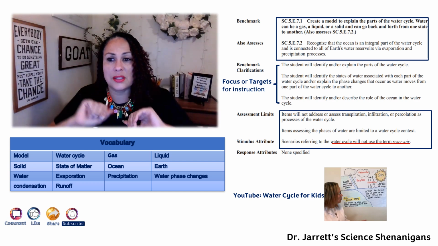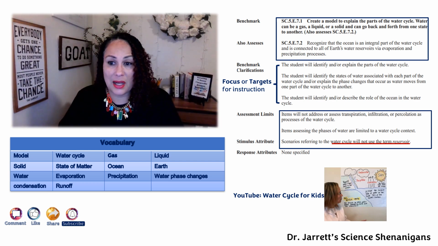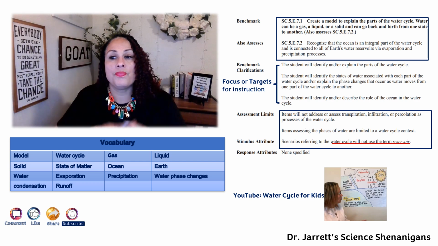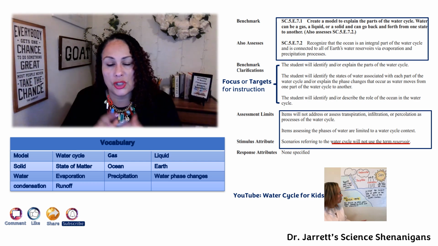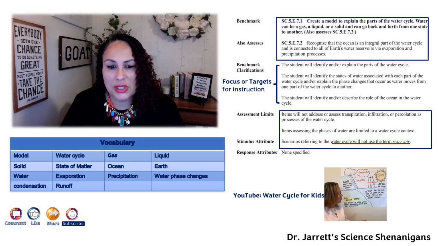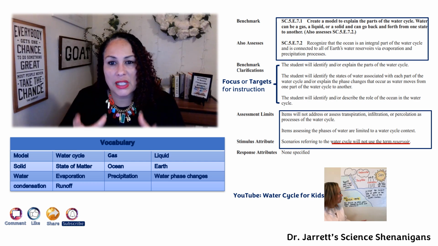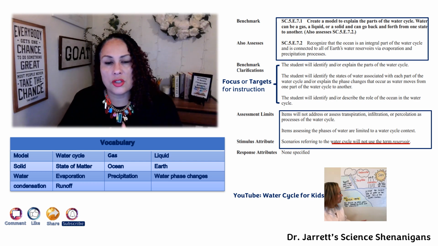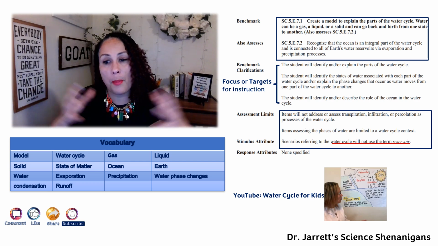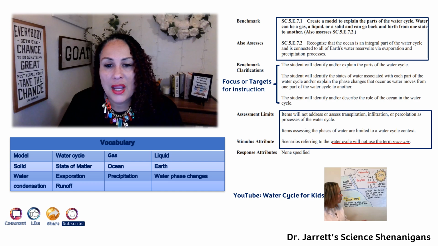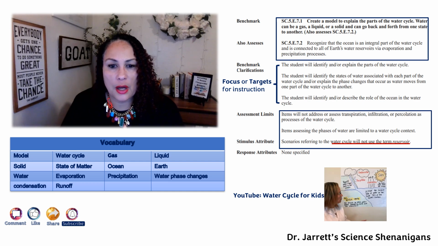Condensation in the clouds, precipitation coming down, evaporation going up. Well, a lot of that's happening within the ocean or around the ocean. So we want to make sure that the students understand, how does the ocean have a part in the water cycle. Don't let them get confused about a lake. A lake also could have a part of the water cycle, but the ocean is our biggest body of water. And so that's why they're focusing on the ocean.